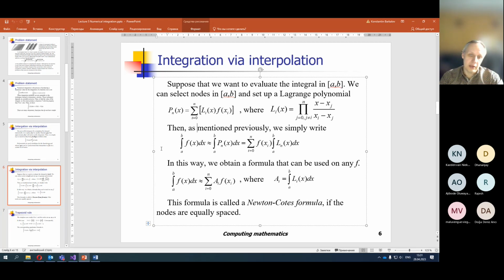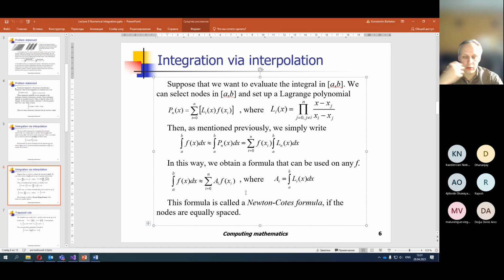In this way, we obtain a formula that can be used for any function f of x. The general form of this formula is presented here. The approximation of the integral equals the sum of very simple coefficients ai times f of xi.